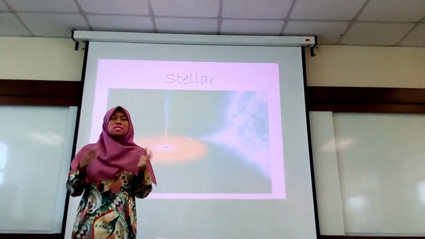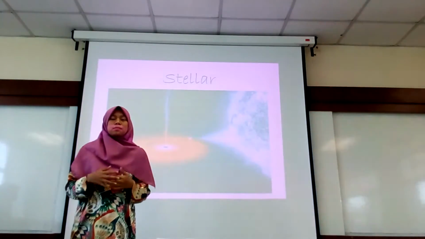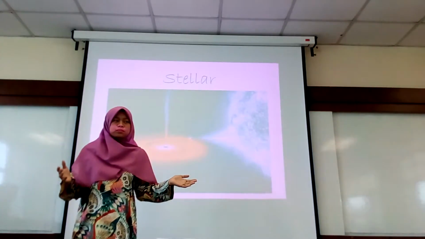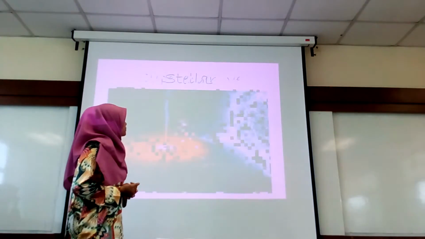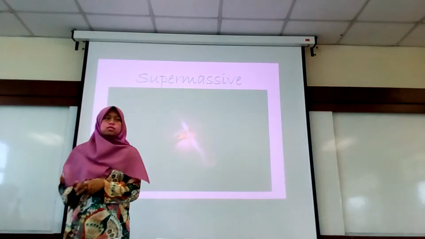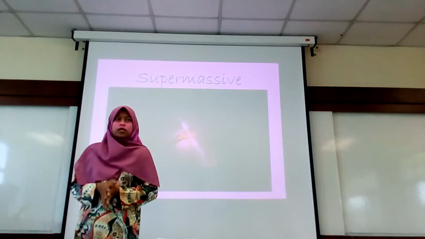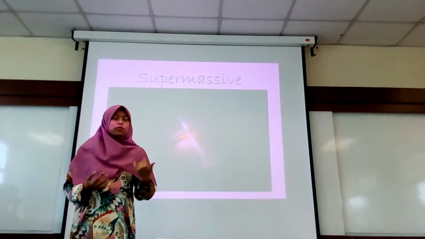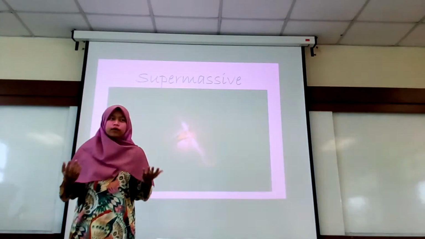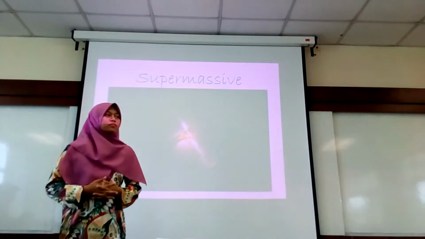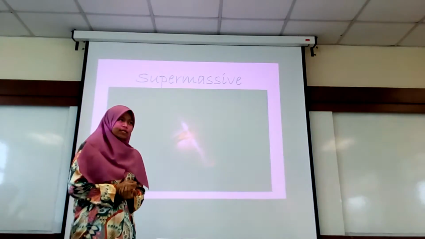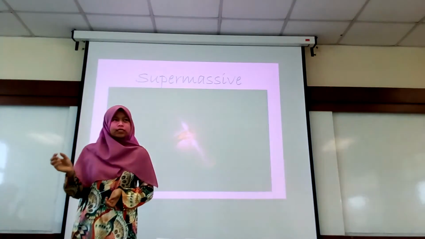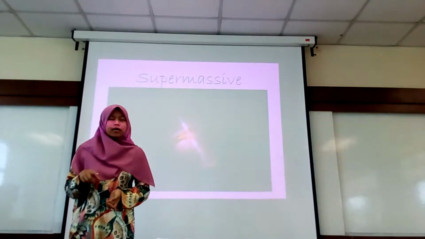This size can grow bigger because they grab dust and gas. The next one is the supermassive, the largest type of black hole. Scientists think that they are formed when a galaxy forms, and it weighs millions or billions of times as much as a typical stellar black hole.